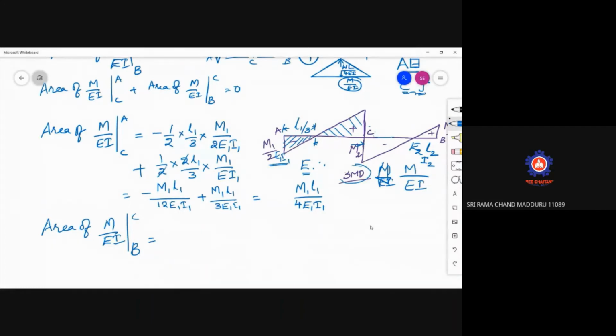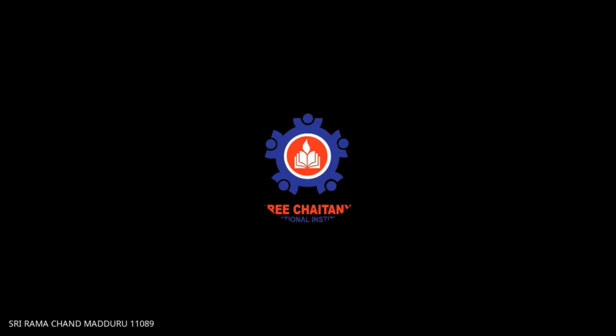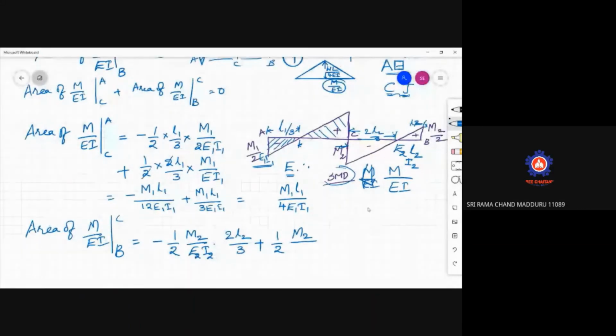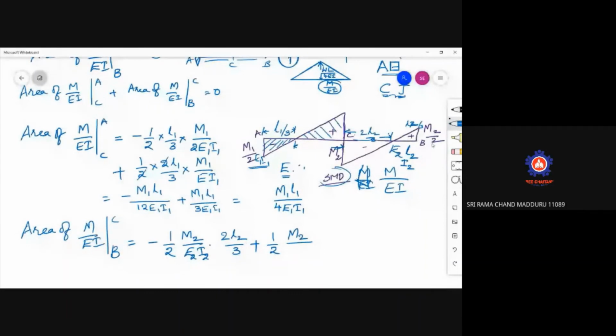So this is the negative area, which is half. You know that this length is 2L2 by 3, and this length is L2 by 3. So minus half M2 by E2 I2 into 2L2 by 3 plus half M2. What is this value here? M2 by 2, so M2 by 2 into E2 I2.